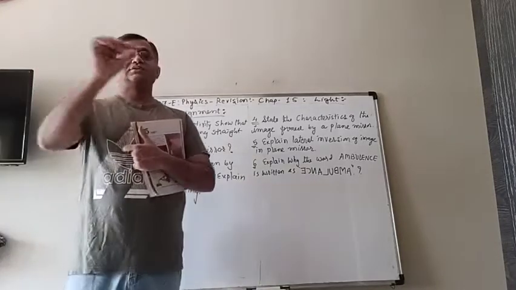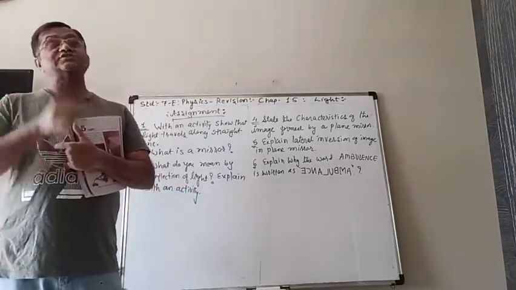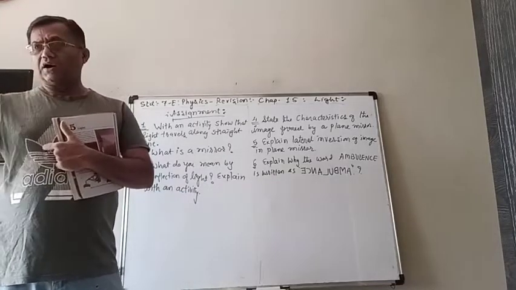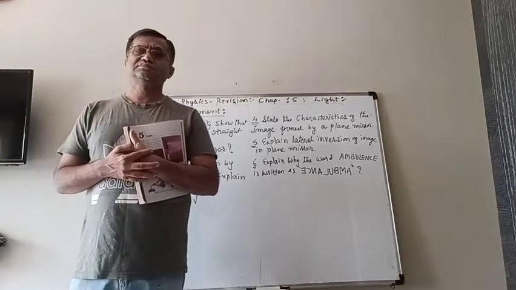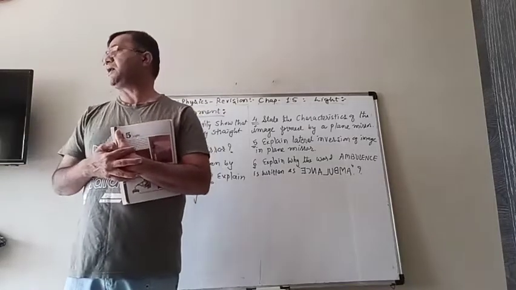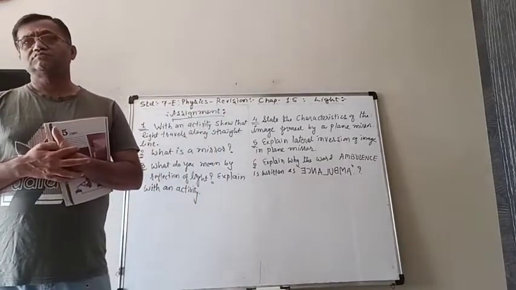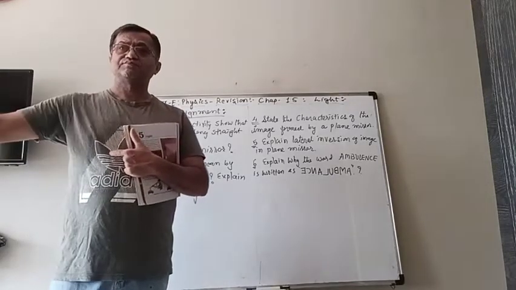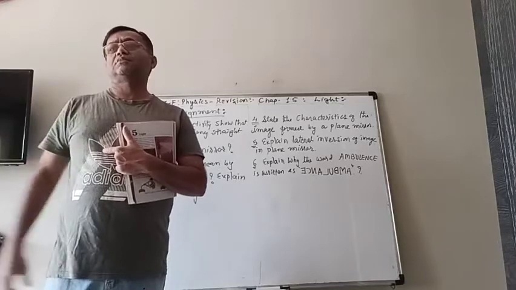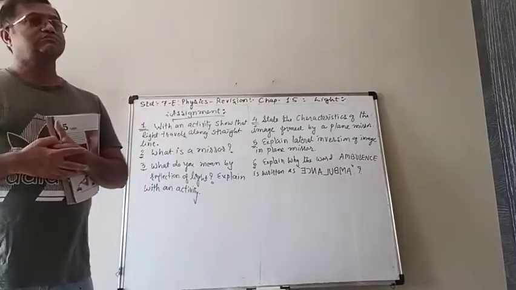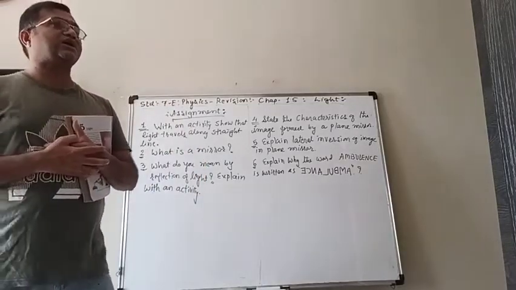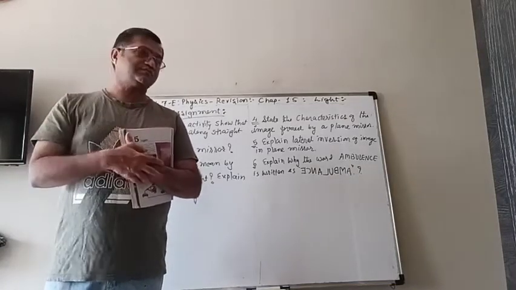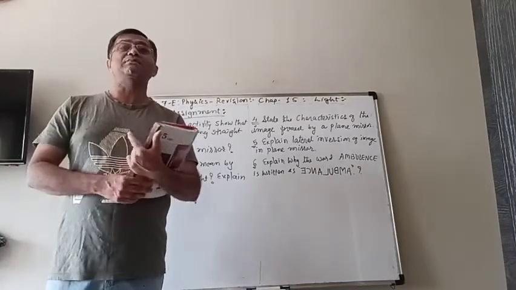If there is a hole in your roof or somewhere, you will see a small line of light, and if there is a big hole you will see more light. Means so many rays together, so that bundle of rays is known as the beam of light.